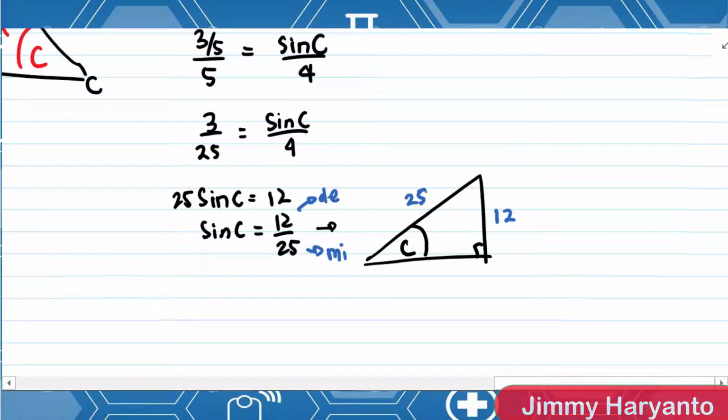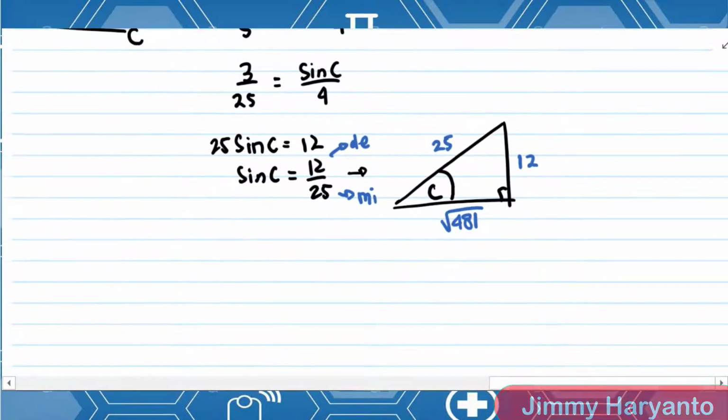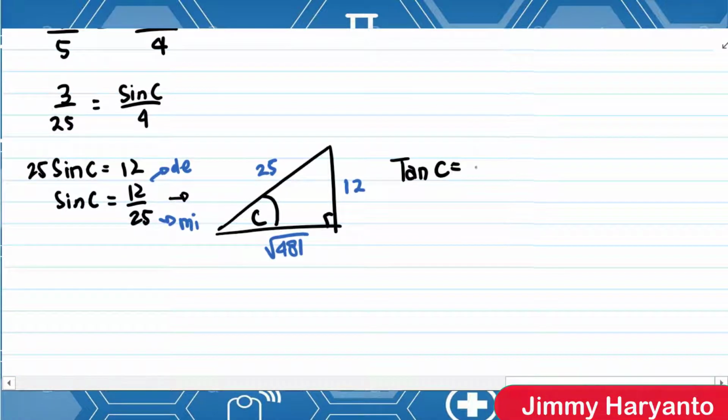Let's use the Pythagoras theorem. With the Pythagoras theorem, you will get square root of 481. It cannot be simplified, so I will leave it like that. The question wants us to find tan C. Tan C equals opposite over adjacent, that means 12 over square root of 481.